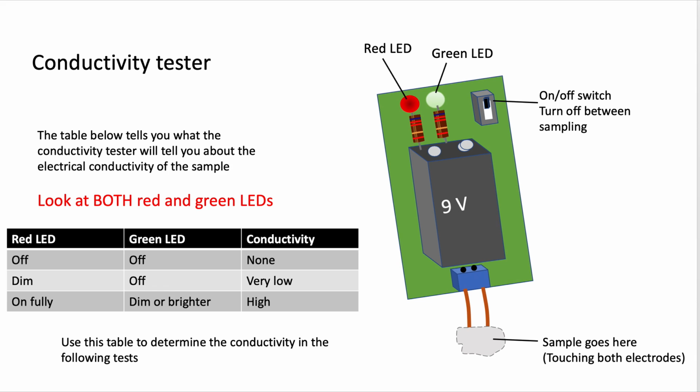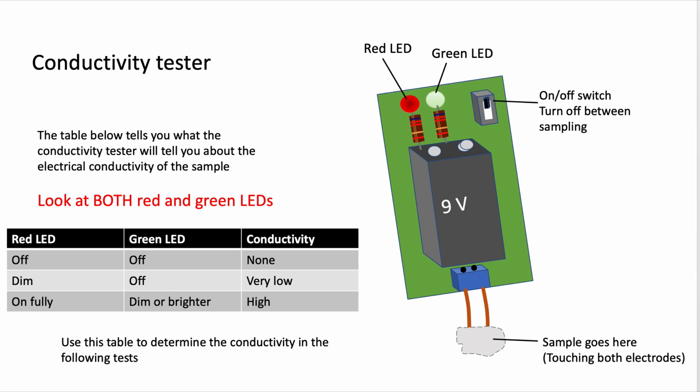So here's a diagram of the conductivity tester, and you're looking at a red LED and a green LED and the on-off switch, and the 2 electrodes at the bottom both have to touch the sample. And there's a summary of what happens here. If they're both off, there's no conductivity.